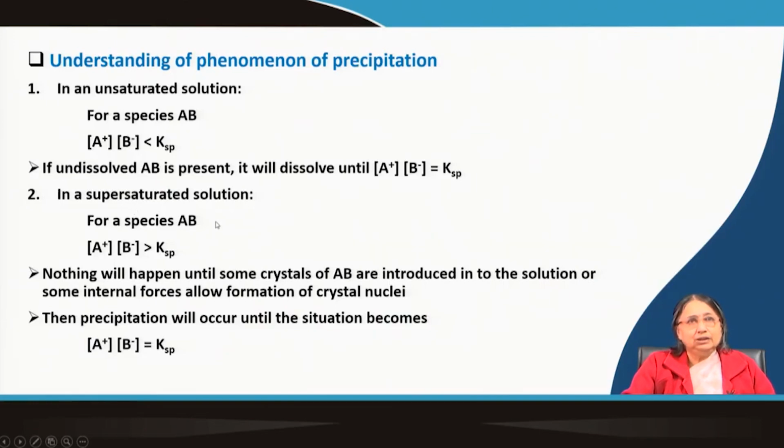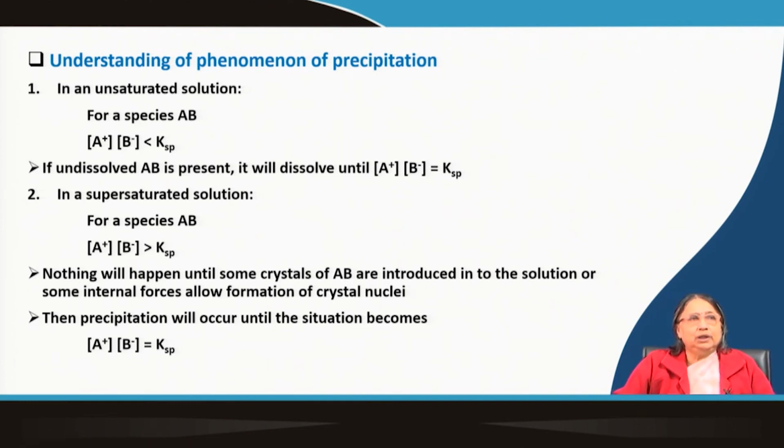In a supersaturated solution, sometimes we see that if we disturb it a little bit, this AB will immediately precipitate to some extent to become just a saturated solution. This we can see in crystallization also.